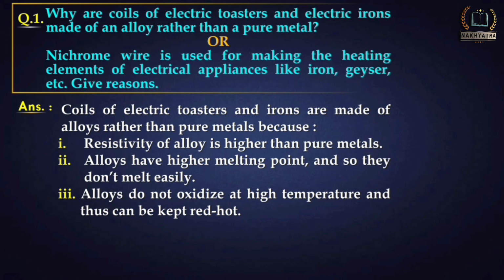That's why the coils of electric toasters and irons are made of alloys rather than pure metals, because pure metals have lower melting points comparatively to alloys. Third one is alloys do not oxidize at higher temperature and thus can be kept red hot.